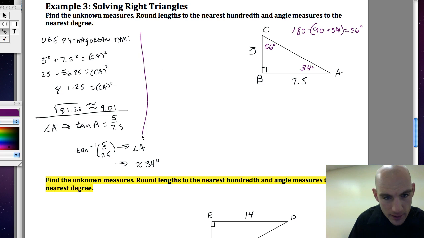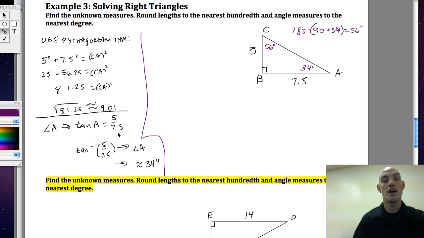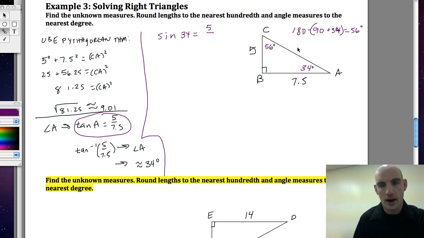The other way that I could do this would be to say inverse tangent of 5 divided by 7.5 is 34 degrees. Then I could say the sine of 34 equals 5 divided by CA, which I don't know. I can multiply both sides by CA and then divide by sine of 34, like we've been doing.